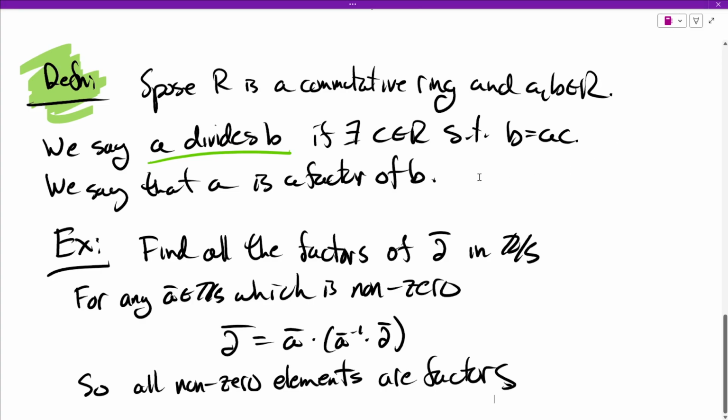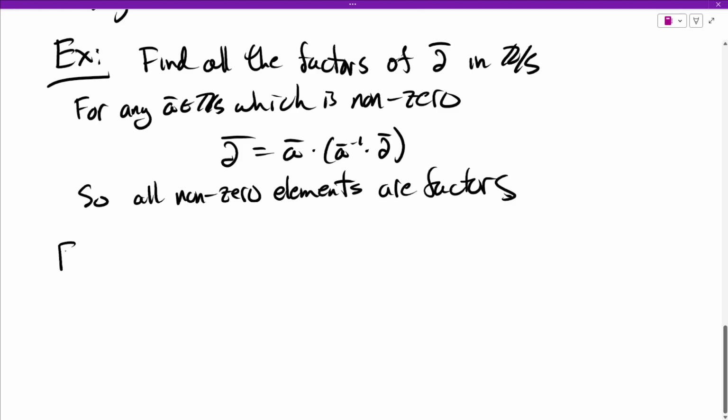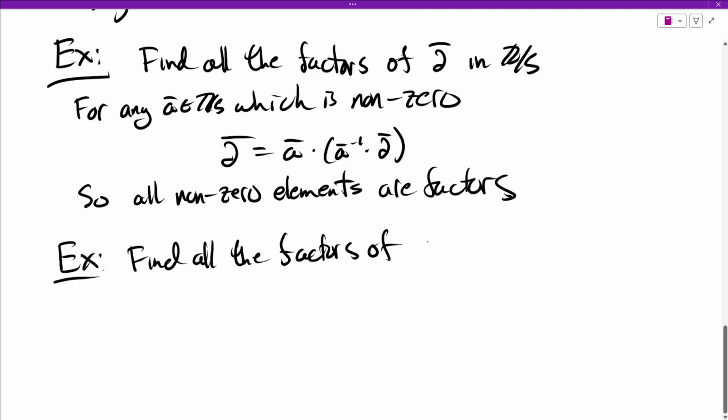Let's look at a slightly more interesting example. Let's find all factors of 2 bar in Z mod 6. All right.